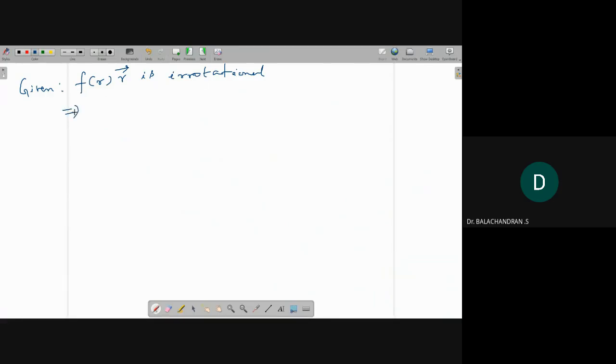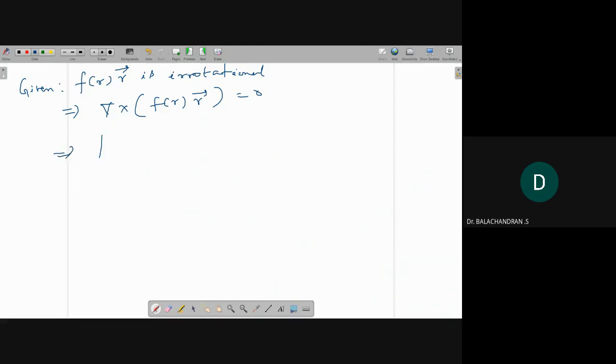So this implies del cross f of r into r vector is equal to 0. So this is by definition of irrotational, we have this one. Okay. Now, what is del cross f of r into r vector?